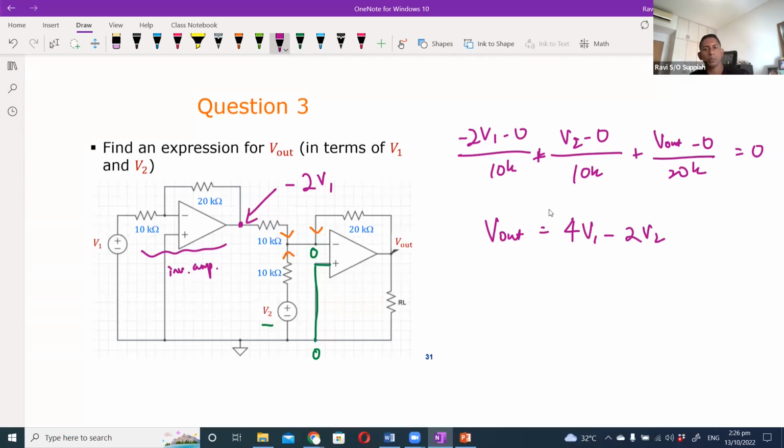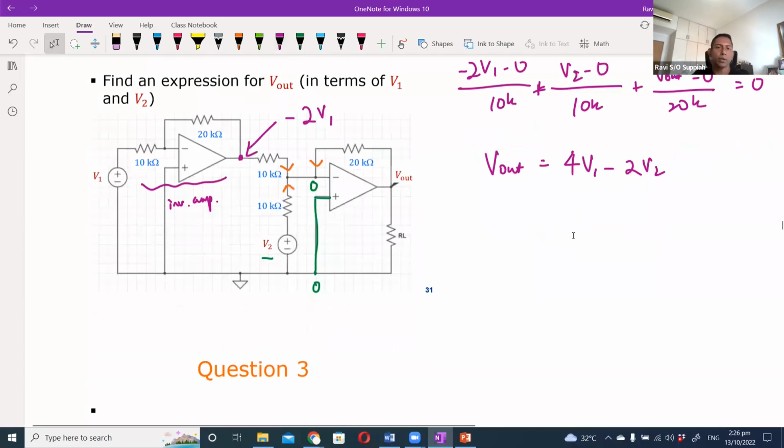4V1 minus 2V2. Though it's not covered in the syllabus, this is one of the configurations of the op-amp known as a summing amplifier. Why do we say summing amplifier? Because if you look at it, there are two inputs connected to the same negative terminal here.